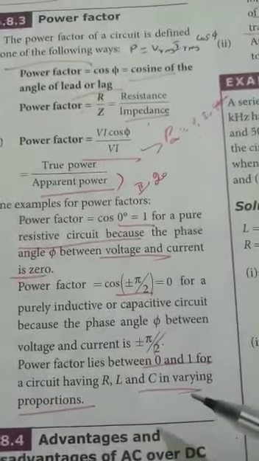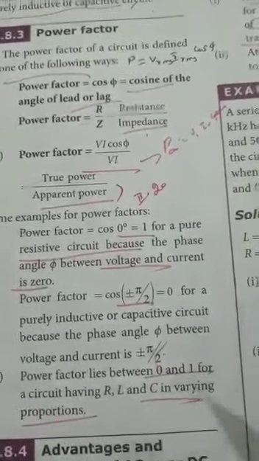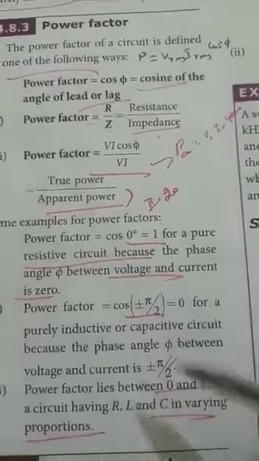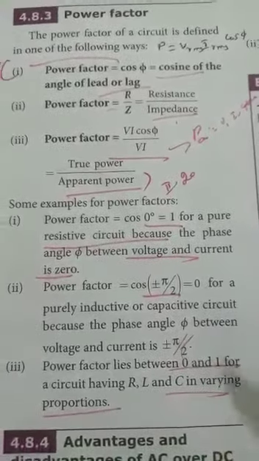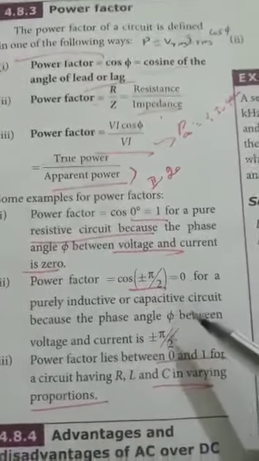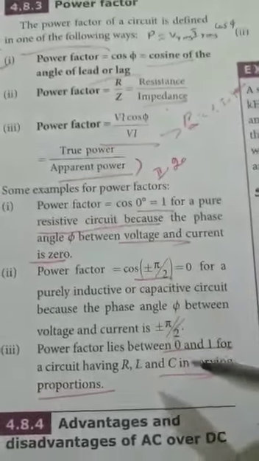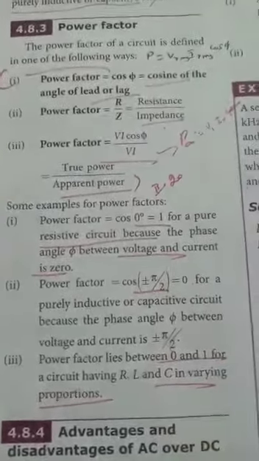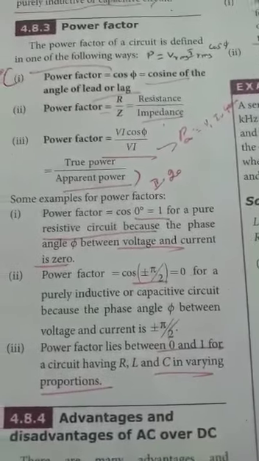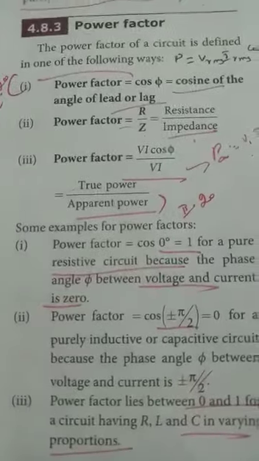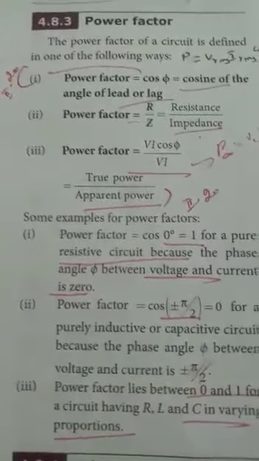It happens in the circuit of AC with the inductor or capacitor, where the angle is plus or minus pi by 2. We are getting 0. So power factor lies between 0 and 1 for the circuit having R, L and C in varying proportions. These are about the power factor.